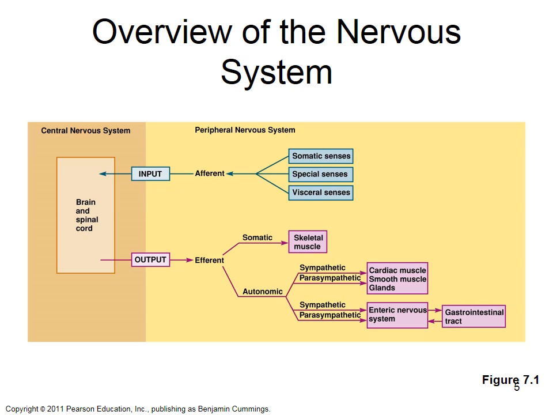The efferent branch can be broken into the somatic and the autonomic. Somatic controls your skeletal muscle. This you can control consciously. You have conscious control over the somatic branch of your peripheral nervous system. The autonomic is your sympathetic and your parasympathetic, which controls cardiac muscle, smooth muscle, and glands. The enteric nervous system is what controls your GI tract.